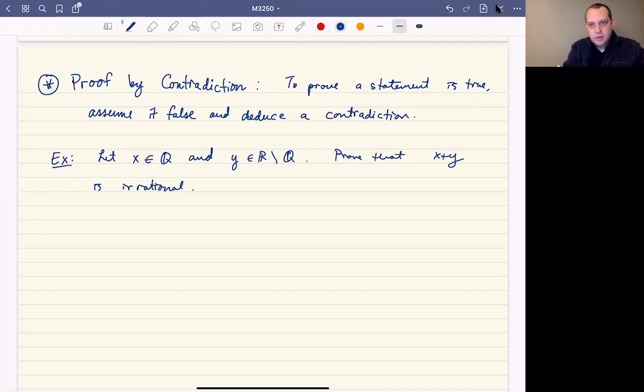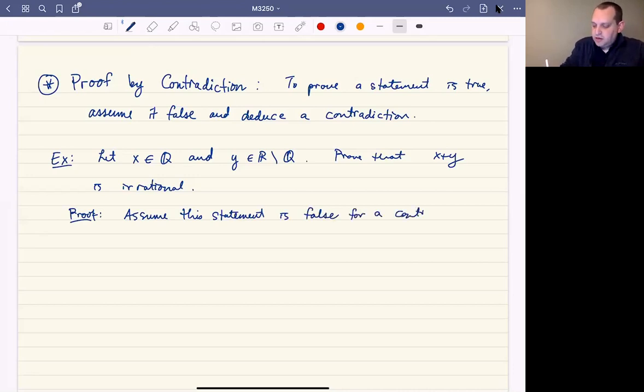If we're going to do a proof by contradiction, we're going to assume that the statement is false. So assume that the statement is false for a contradiction.